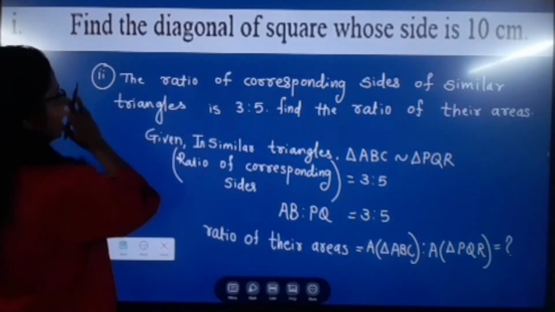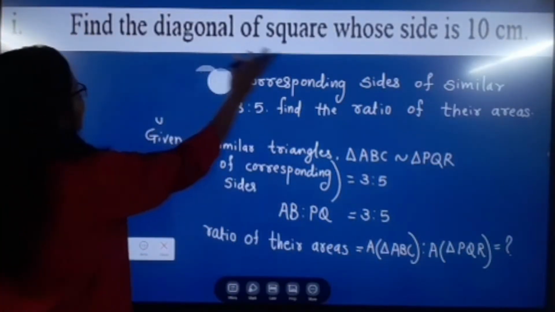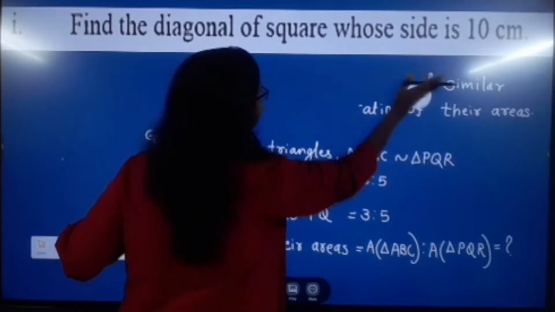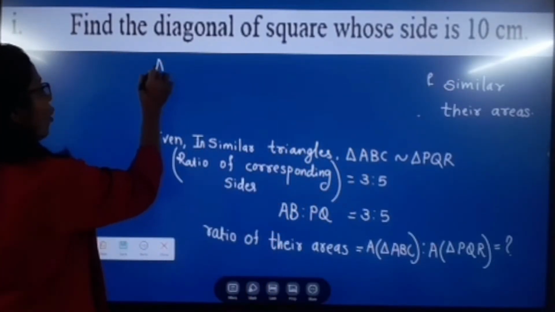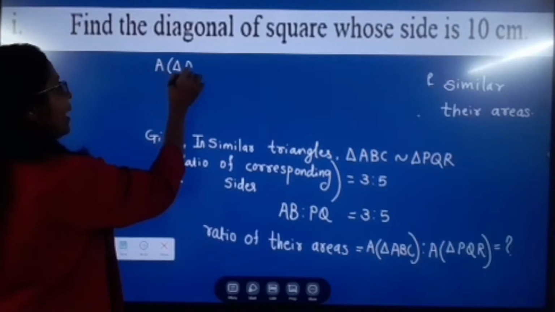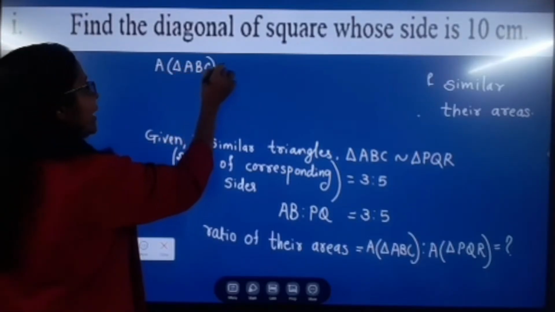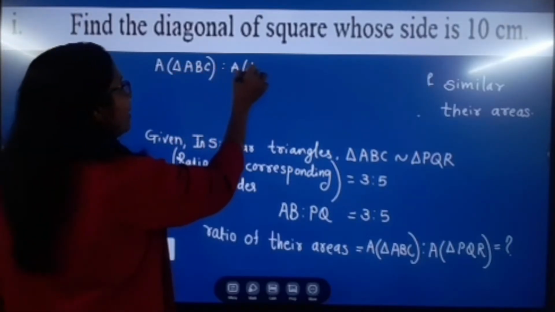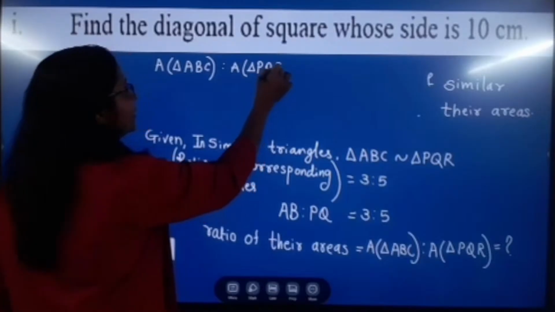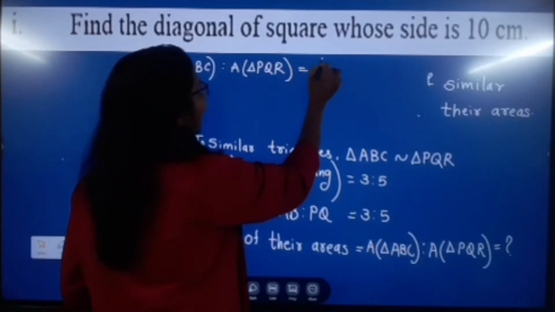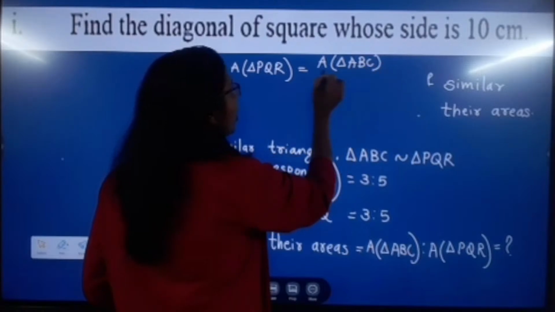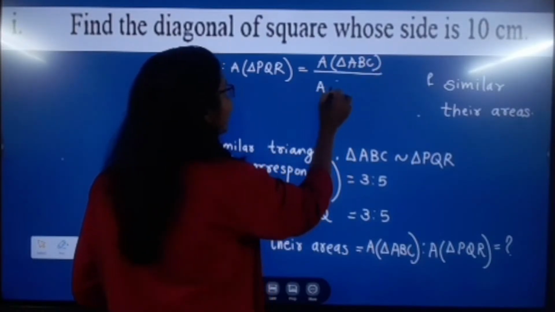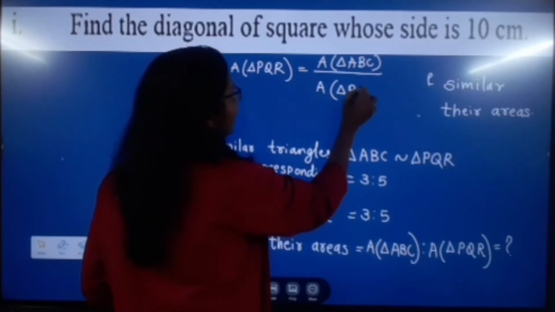So first I write down: area of triangle ABC is to area of triangle PQR is equal to area of triangle ABC upon area of triangle PQR.